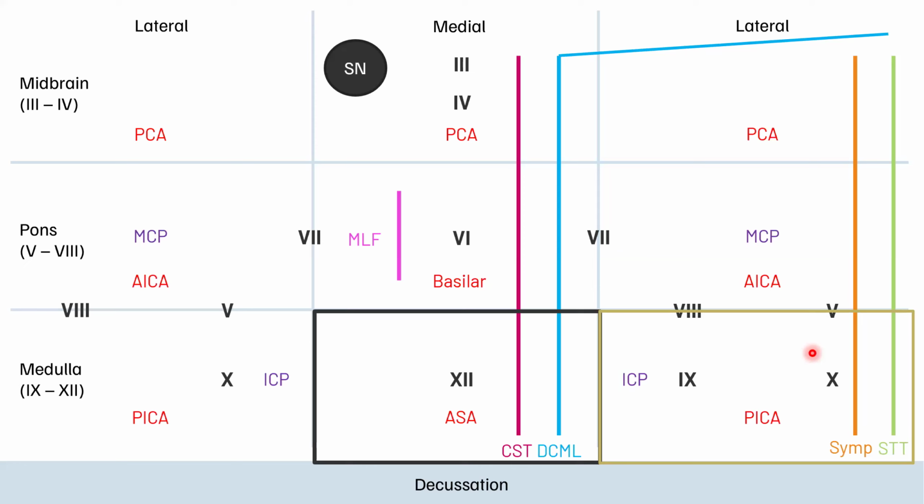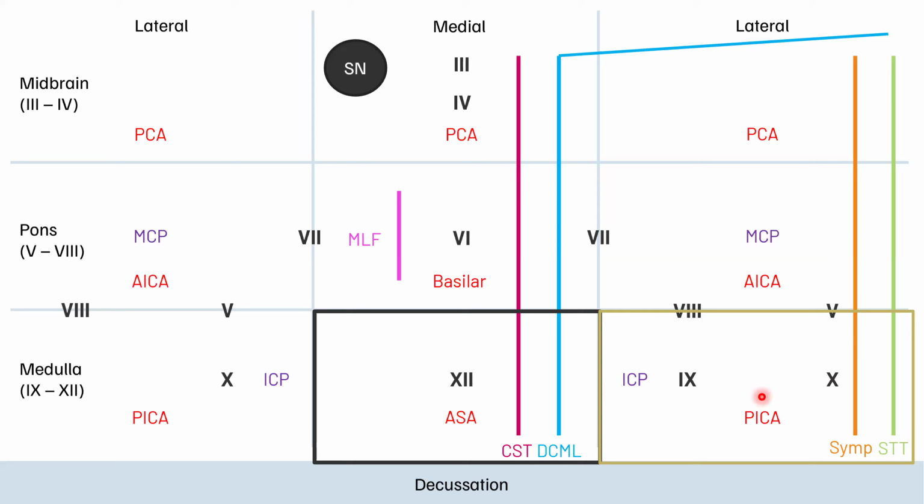And that is the case for any of the tracts that continue down into the body because they all decussate within the lower portion of the medulla or within the spinal cord, wherever they're actually at. But they decussate before they reach the brainstem. So everything that I'm talking about with regards to cranial nerves here is ipsilateral.